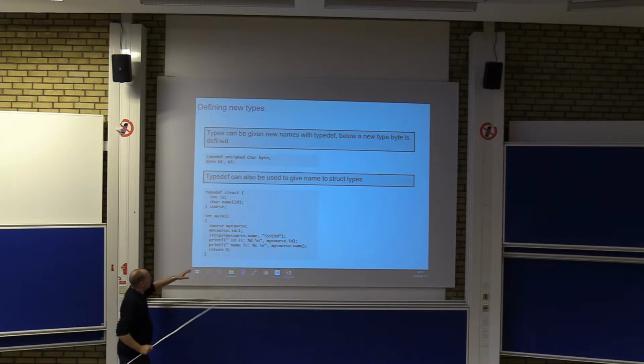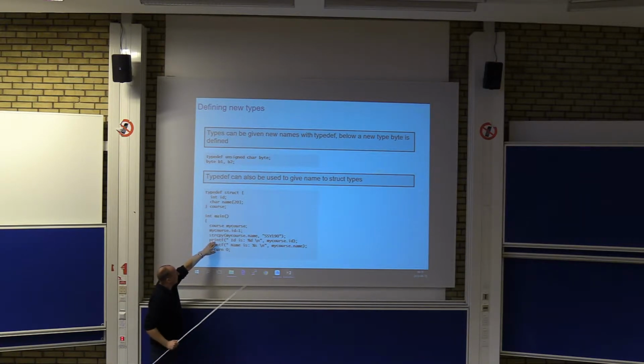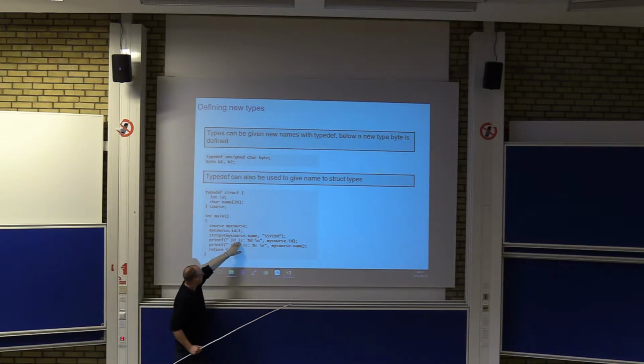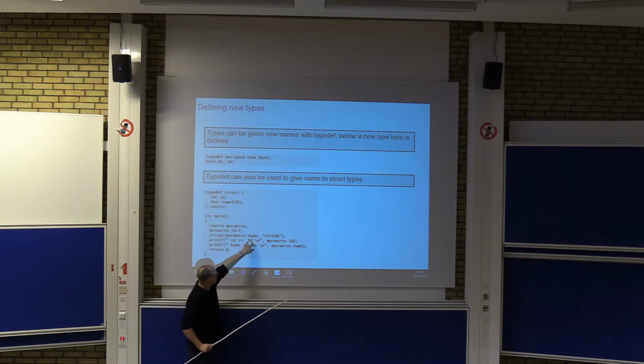Okay, so in this case we continue on with printing out the course ID. You use the printf method, you write something here, and then you put in a placeholder.